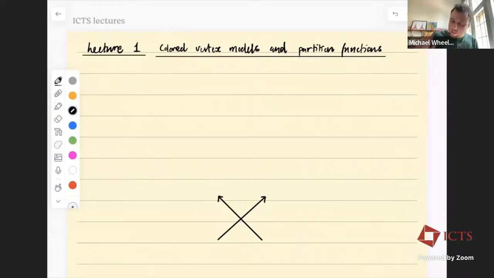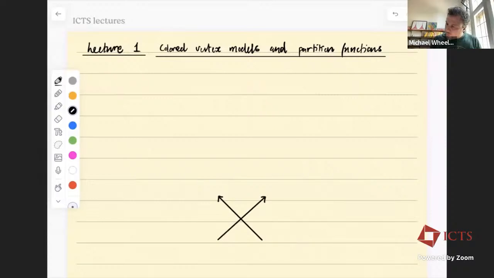And I've tried, at least for the first lecture, to make it generally accessible to people who may not have any expertise in vertex models whatsoever. So I'll try to be very self-contained and thorough at least in the first lecture. So yeah, please feel free to interrupt with any questions you may have.